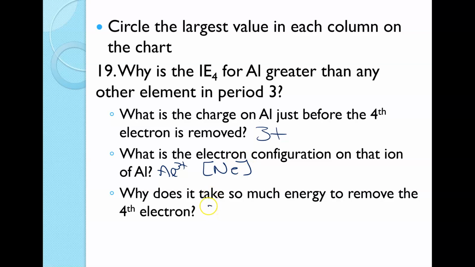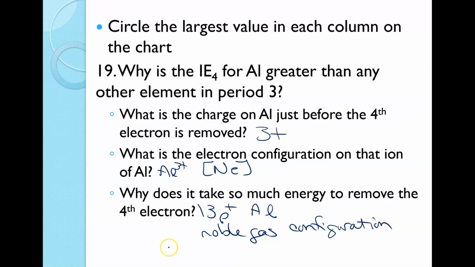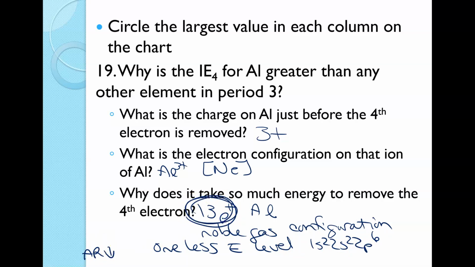And that has 13 protons because it's aluminum, but a noble gas configuration, which means it is one less energy level than before. It's now down to 1s2, 2s2, 2p6. So its radius has gone down a lot. It has 13 protons in the nucleus pulling on those 10 electrons in only 2 energy levels.